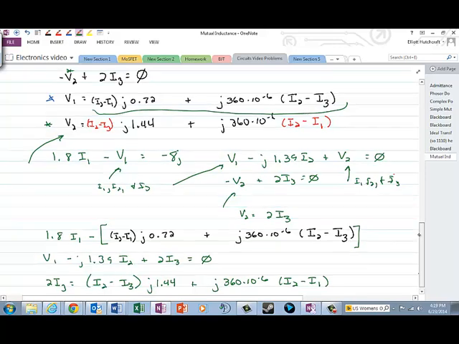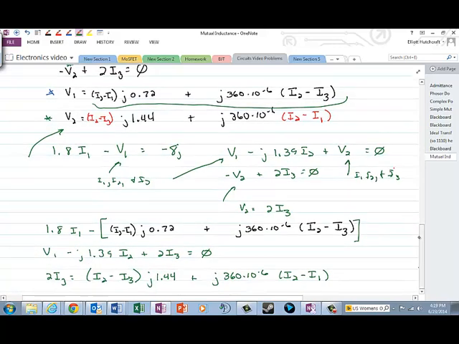So that was 1.8 I1 minus V1 equals minus 8J.